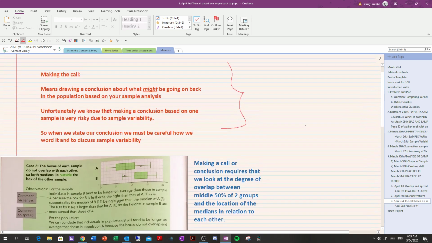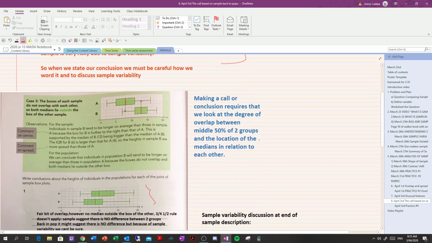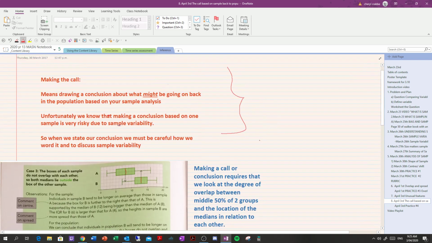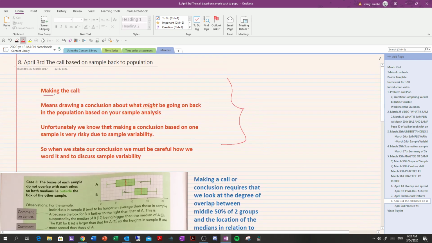So when you're finished talking about shifts and overlaps and medians and averages and the difference between the averages in your sample, which is your point estimate here, and so on, then you kind of make a decision. Well, what is your sample telling you? So making a call basically means drawing a conclusion about what might be going on back in the population based on your sample.